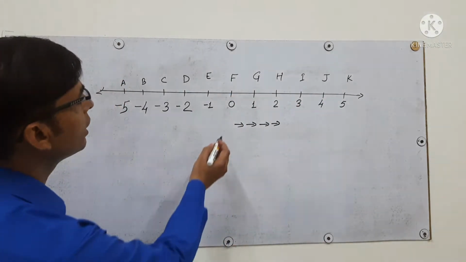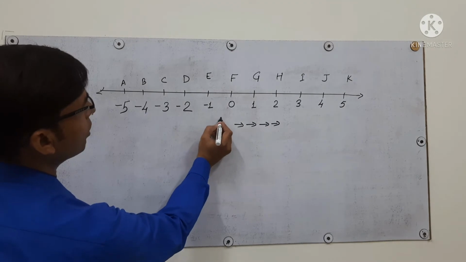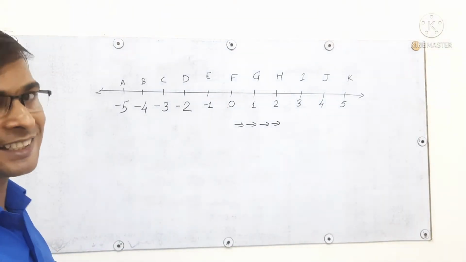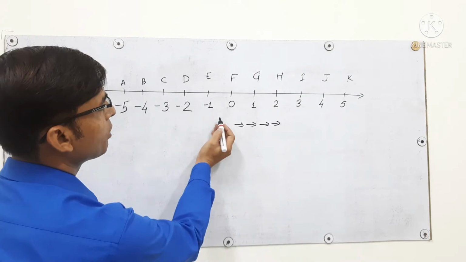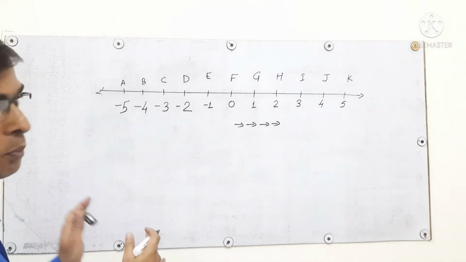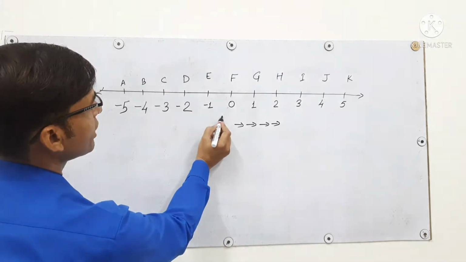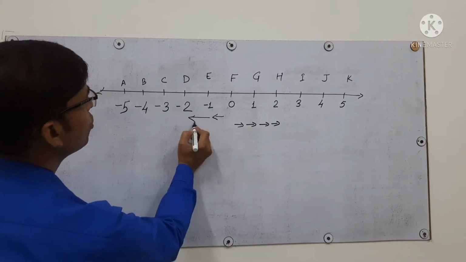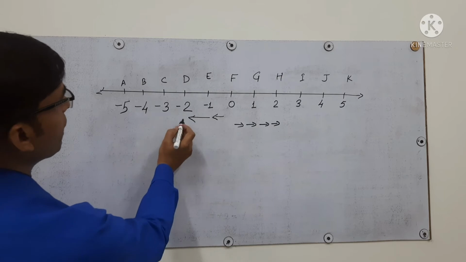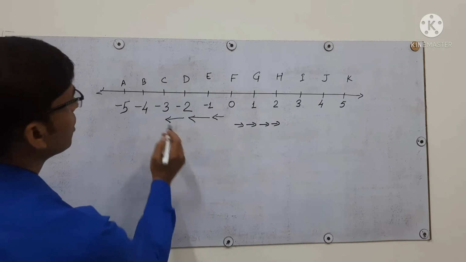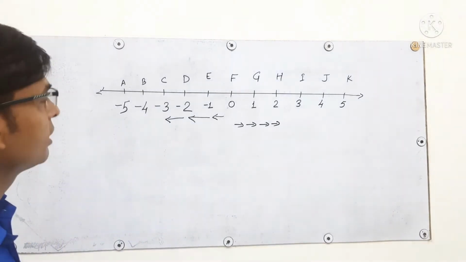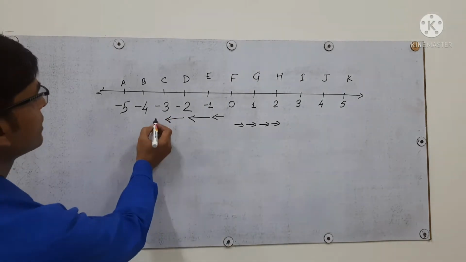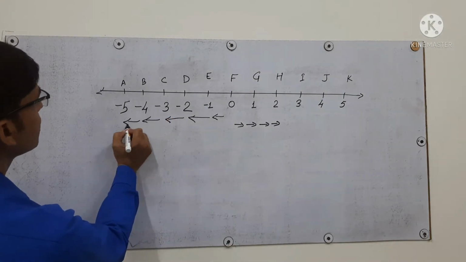Similarly, if we have to mark negative numbers, or numbers which are less than 0, then they will come just before 0. You can see from here, this is -1, from here we move further back and get -2, then further back this is -3, and similarly this is -4 and this is -5.